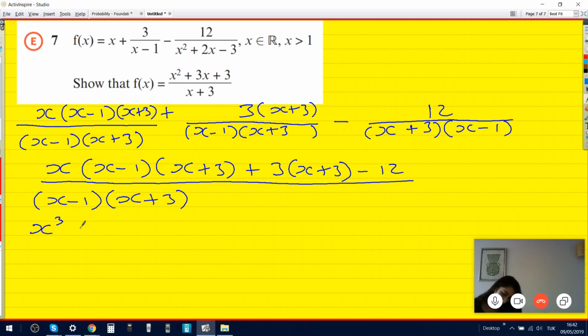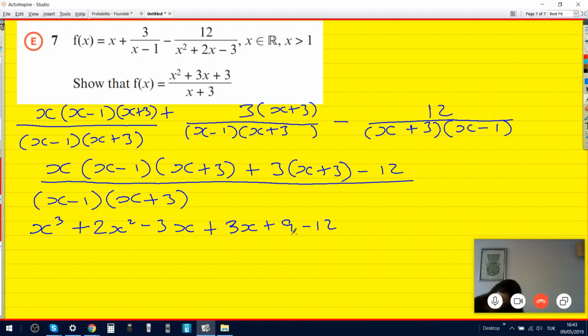So you times that by x, you get x cubed plus 2x squared minus 3x over. Oh yeah, okay. And then plus 3x plus 9 minus 12 all over x minus 1 x plus 3.